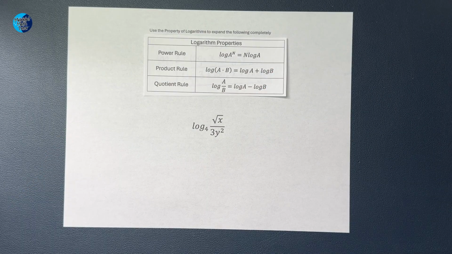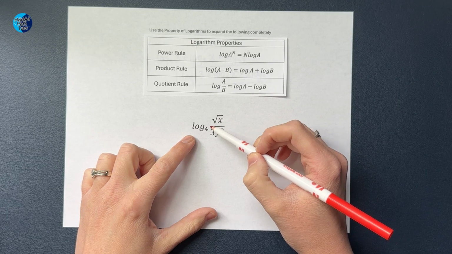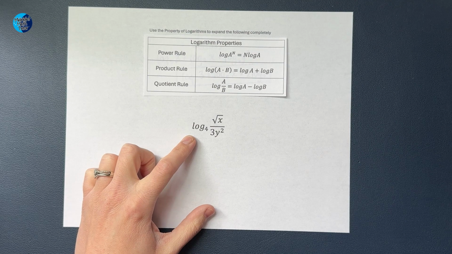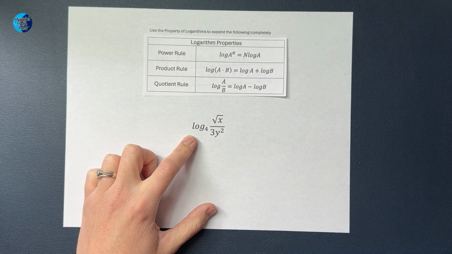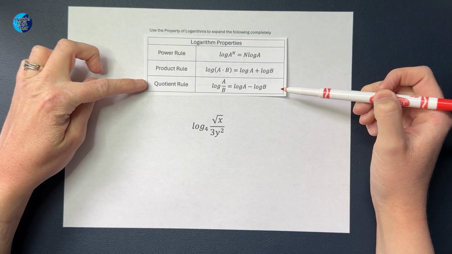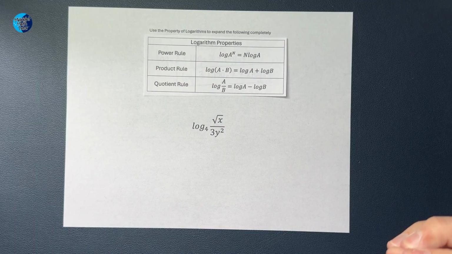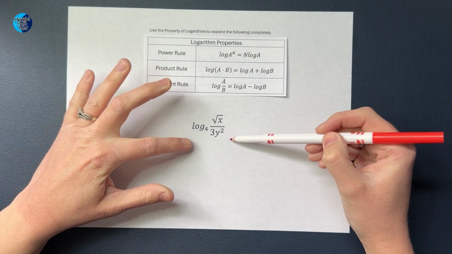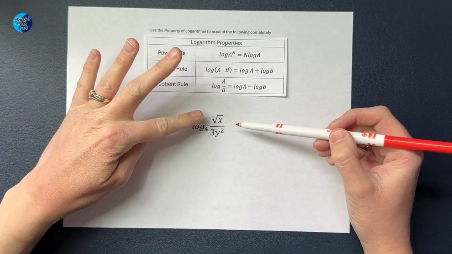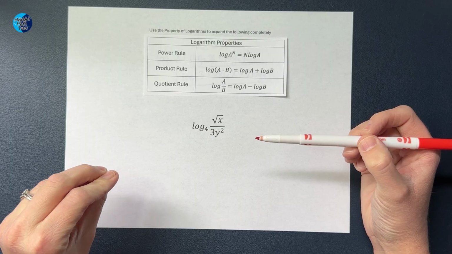Okay, on this second one, we have log base 4 of the square root of x over 3 times y squared. It looks a little scary, but we're just going to break it down piece by piece. So I noticed right off that I can use the quotient rule. Now, when using the quotient rule, what we need to remember is anything on top of the fraction is going to be positive. Anything on the bottom is going to be negative.